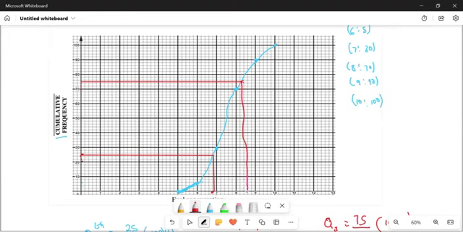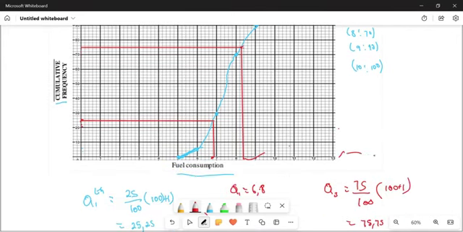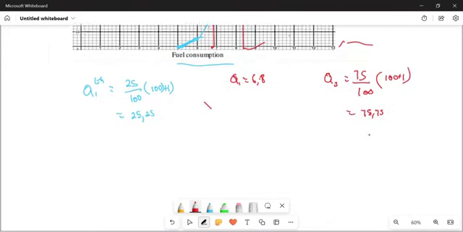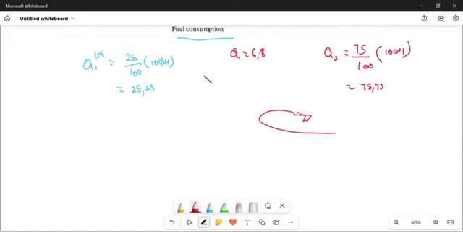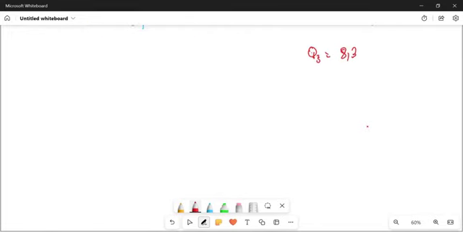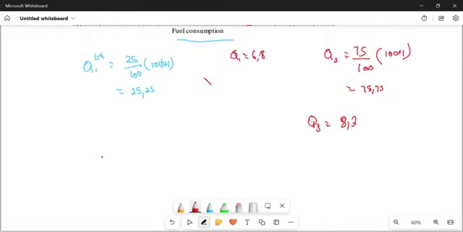No, it will be straight, don't worry. 8.4. 8.3, 8.4. Okay, we get our Q3 to be 8.3, 8.4. Okay, it's fine. Then they want the interquartile range again.